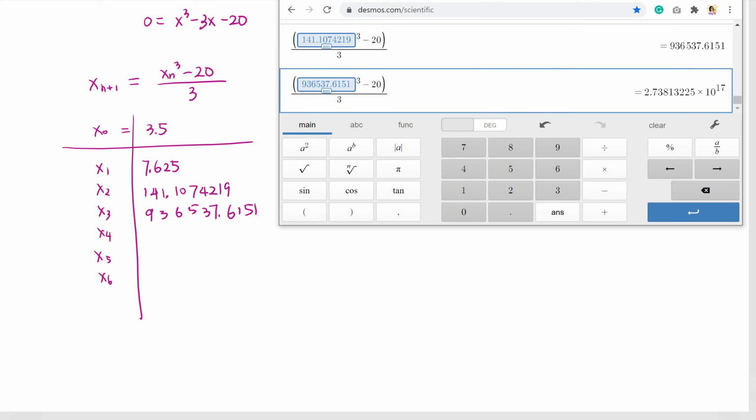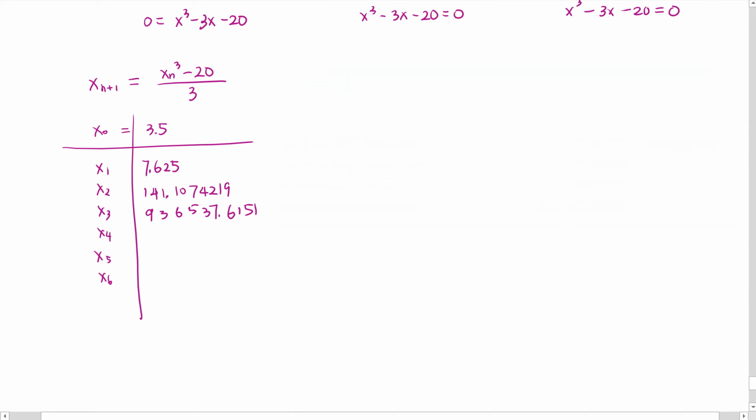Let's do the next: 2.7381 times 10 to the 17. Wow, so big. You see, it diverges. And a lot of iterative schemes will diverge. Not many of them will converge.